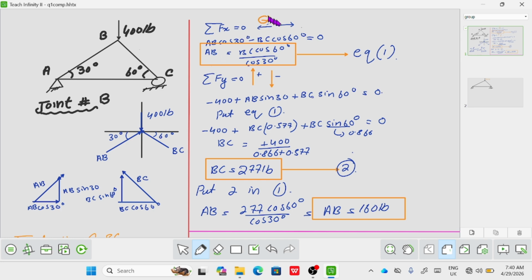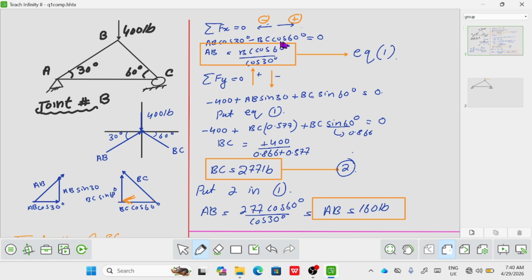A force directed toward the right is positive and toward the left is negative. AB cos of 30 degrees is directed toward the right. So AB cos of 30 degrees, negative BC cos of 60 degrees, because its direction, resolved with the head-to-tail rule, will be toward the left.